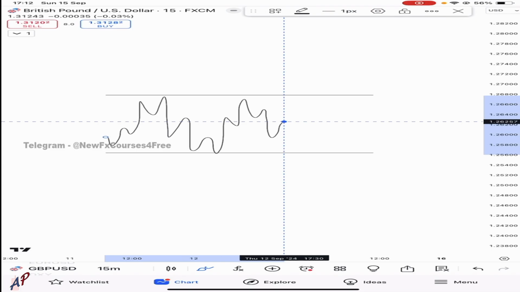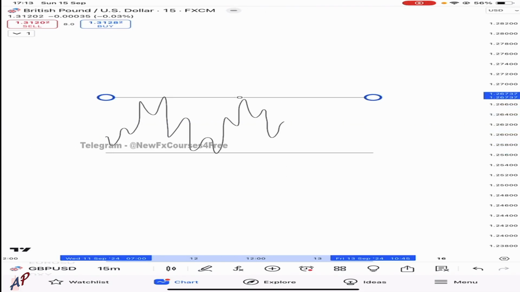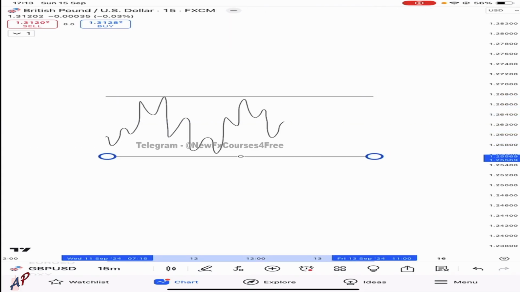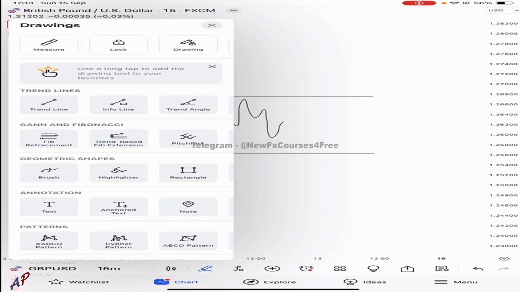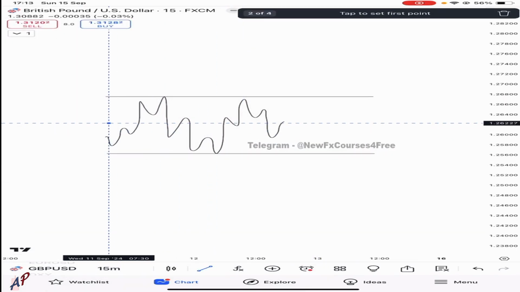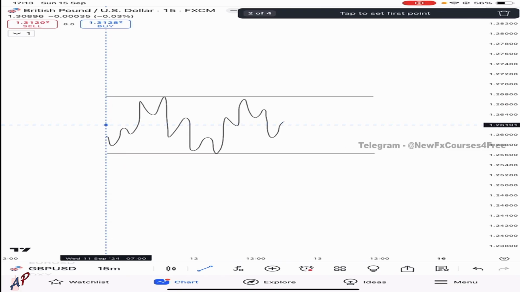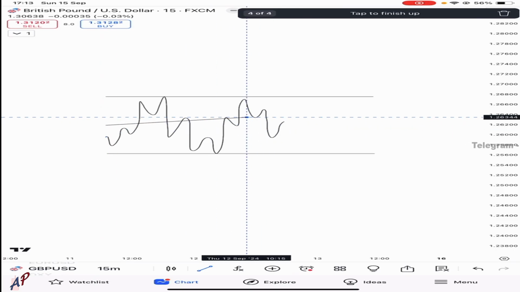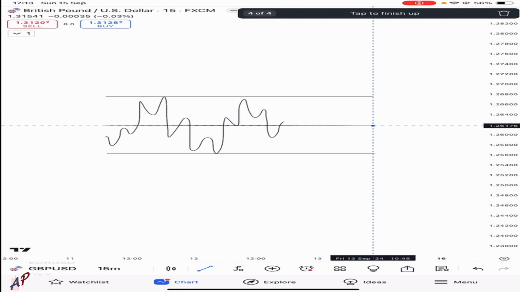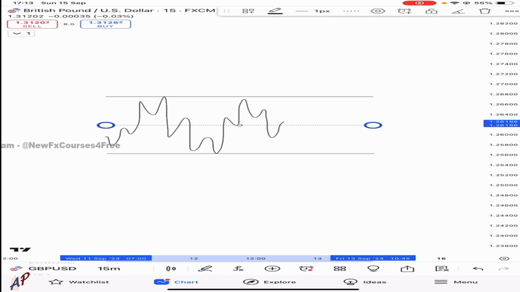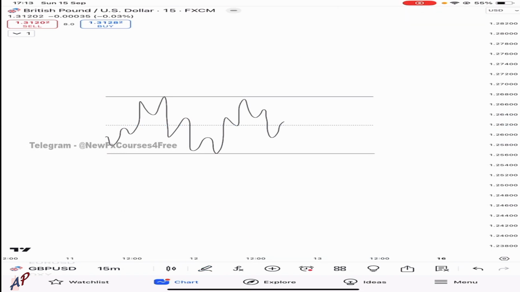A range high, a range low, and an equilibrium price point. And the way I already taught you to verify the equilibrium is by seeing the respect of price at this price level. And so you have these three non-subjective price points: a range high, a range low, and an equilibrium.